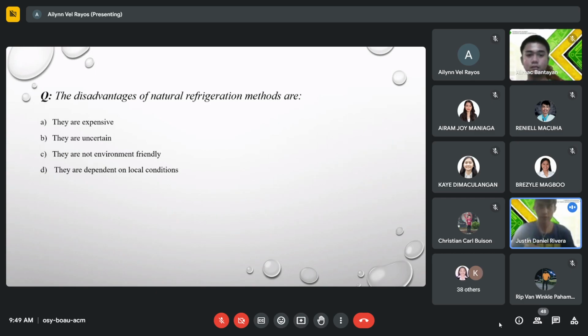Disadvantages of natural refrigeration methods are A. They are expensive. B. They are uncertain. C. They are not environment friendly. D. They are dependent on local conditions. I think po ay yung letter B and letter D. They are uncertain and they are dependent on local conditions.